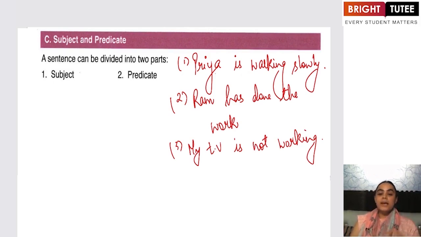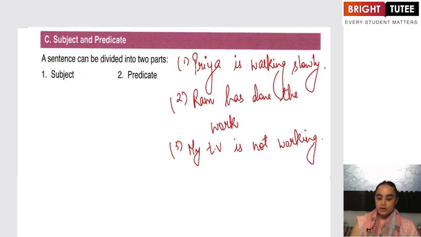Now, subject of the sentence is that part of the sentence which tells you the person or the thing that you are talking about. So, what or who is it that you are talking about? That is your subject. Let us talk about the first sentence. Priya is walking slowly.